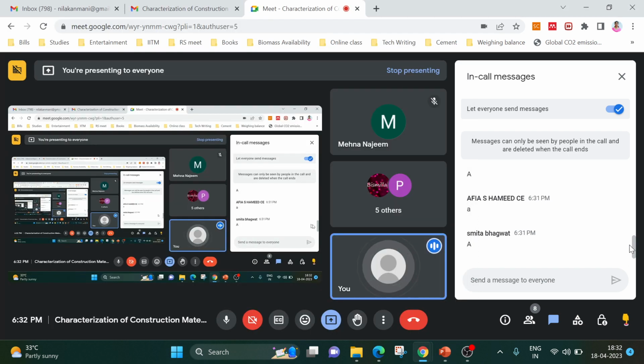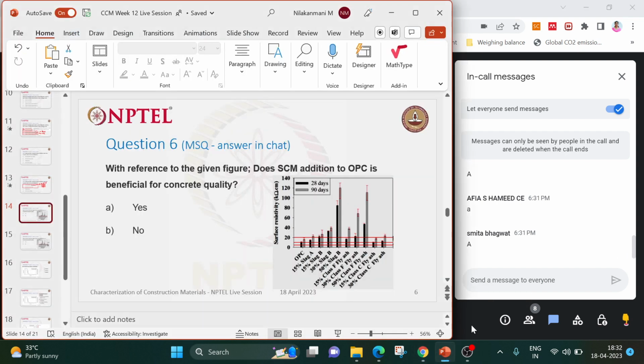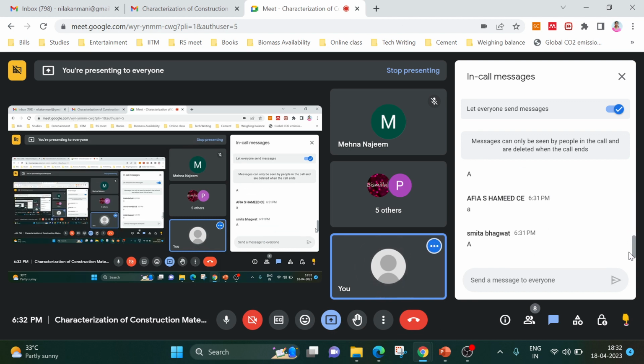Okay, somebody has given option A. Oh, where does the PPT go? Oh, if I touch the screen, it might leave, it seems. Okay. Option A. Unfortunately, my mouse is not working. Okay. Most have given A.